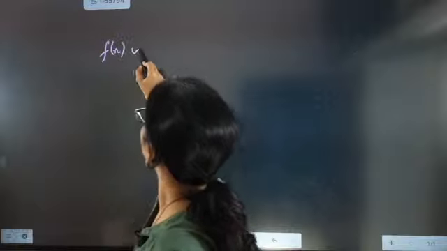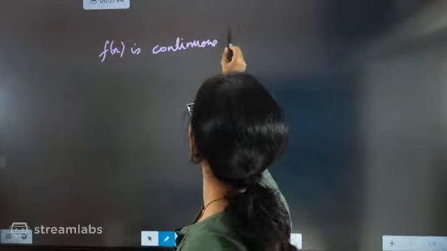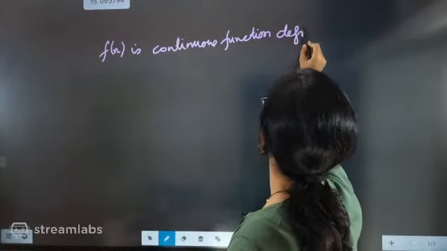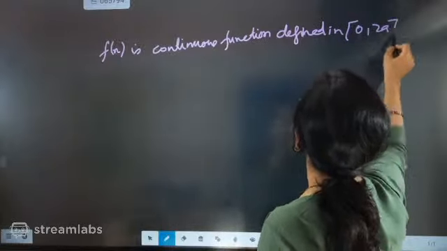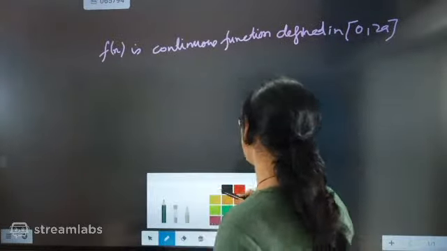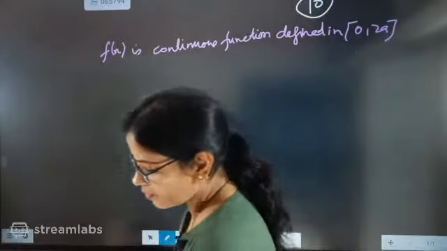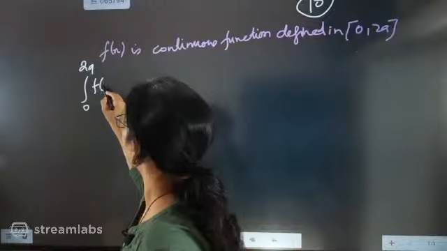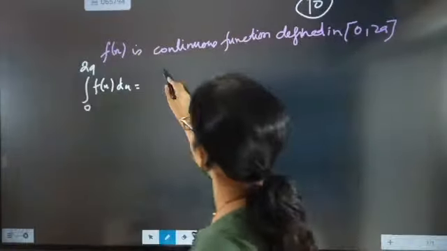Now we are going to do: f of x is a continuous function defined in the closed interval 0 to 2a. So this last property is property number 10. In property number 10, the integral from 0 to 2a of f of x dx will be there.